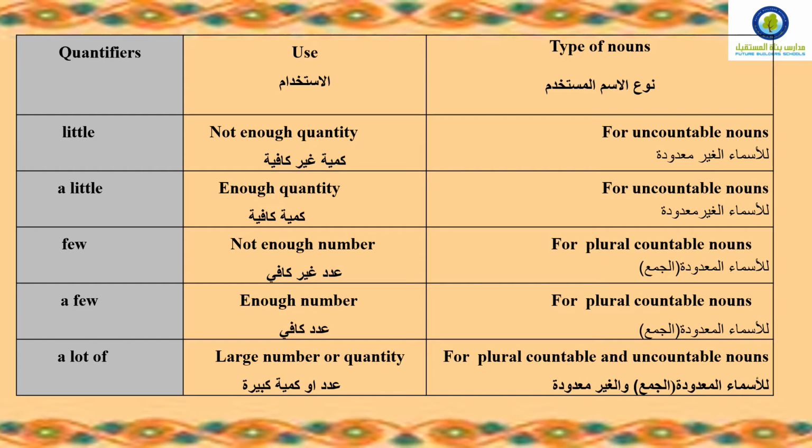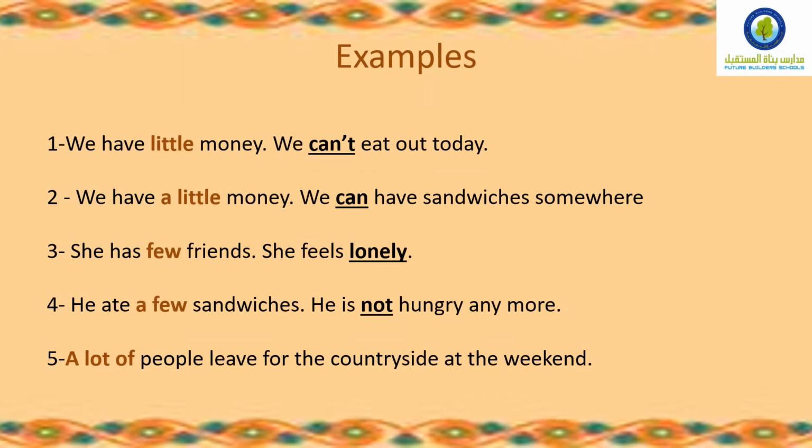So we can use it for plural countable or uncountable, for both nouns. So you should study this chart. Very, very important to study it well. Now, have some examples. Number one, we have little money, we can't eat out today.